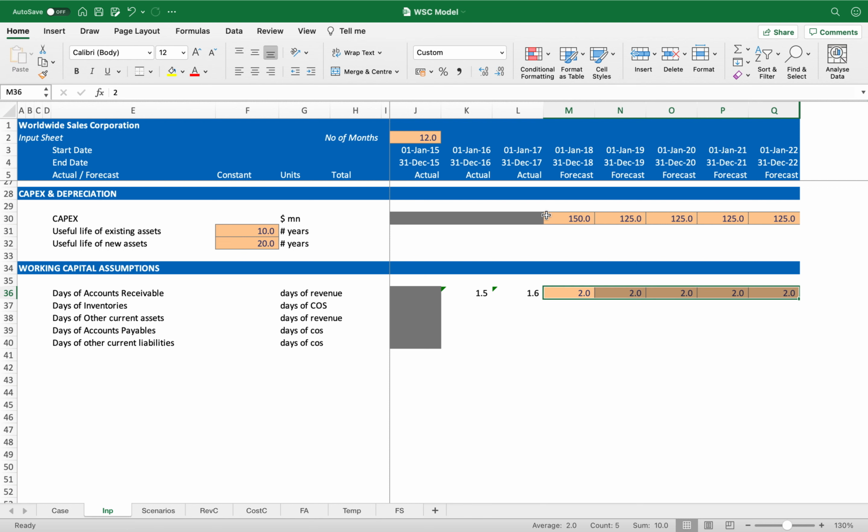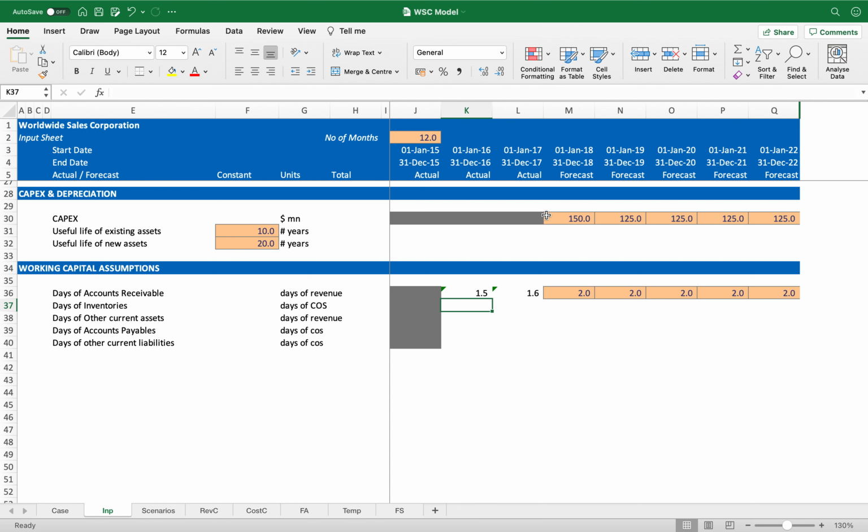You are free to take your own assumptions. You can keep it at 1.6 also, saying that okay, most recent year has 1.6, so I can make it 1.6 carrying forward. Or you can also say, okay, what is the average? Average is 1.5 in the historical year. So let me keep it at 1.5 only. You can do that as well, right? So you are free to make those assumptions. Okay.